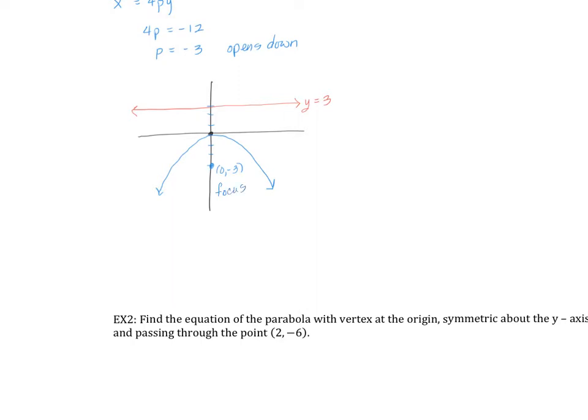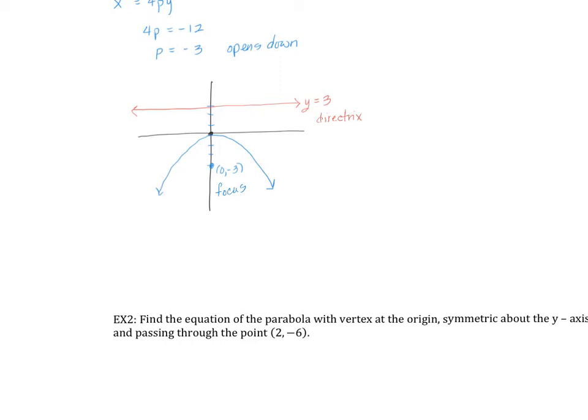And we found our directrix, which is the equation of this line. And we sketched the graph. However, we really don't know how wide this is, so I do need to get a couple of points.